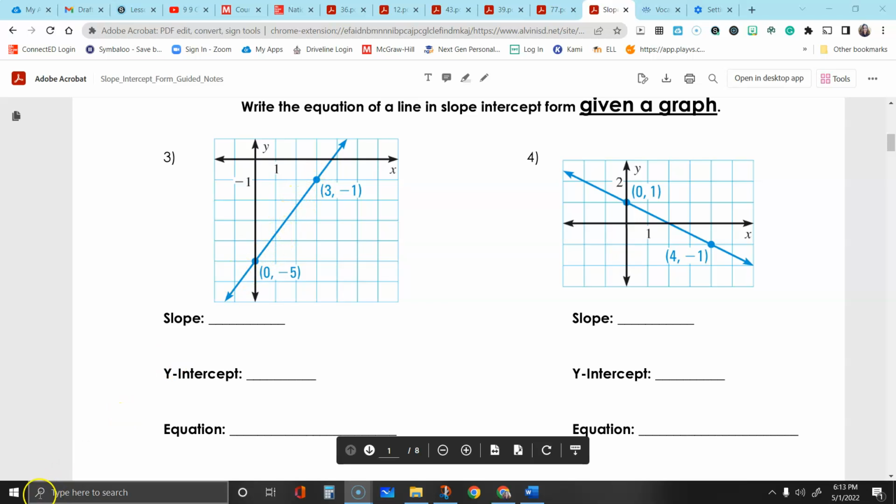Here we're going to use the equation. For slope, we're going to use the equation y sub 2 minus y sub 1 over x sub 2 minus x sub 1.